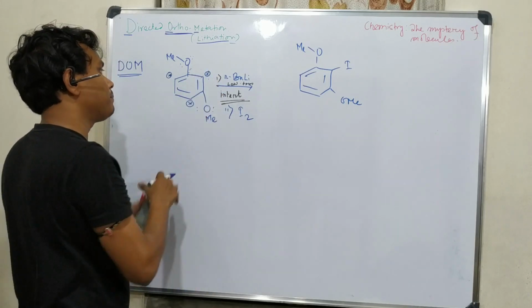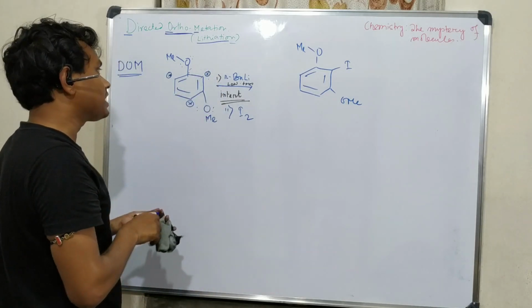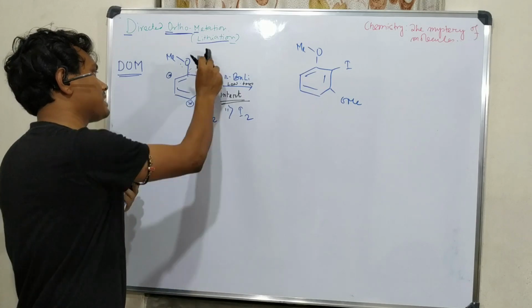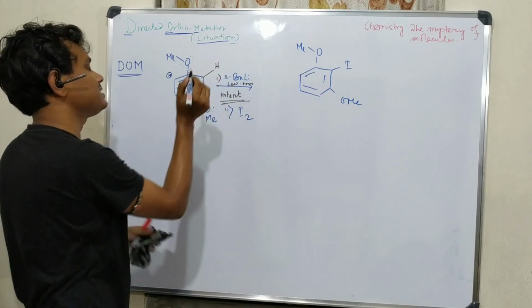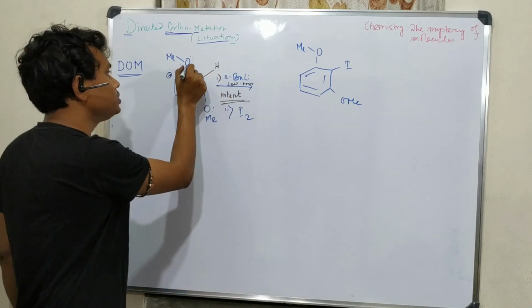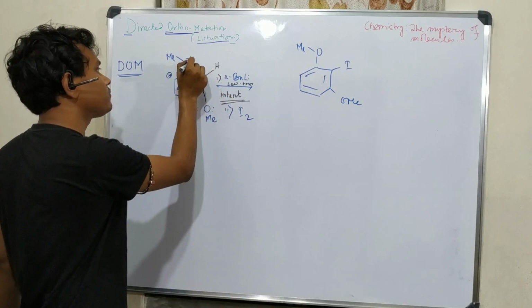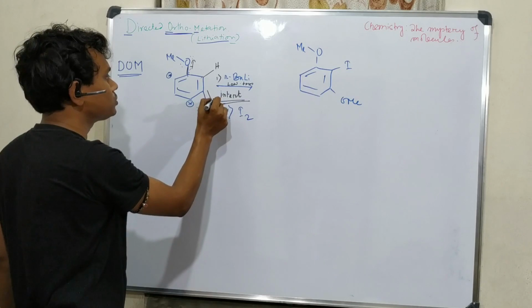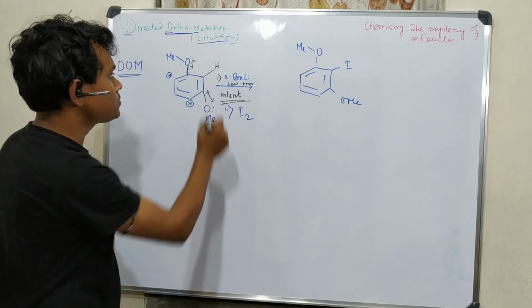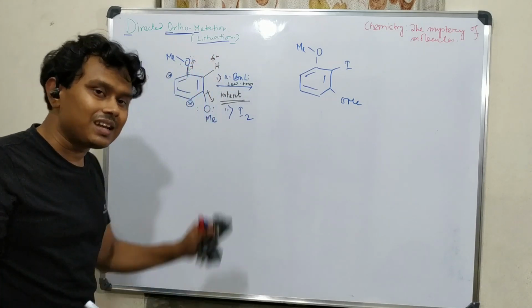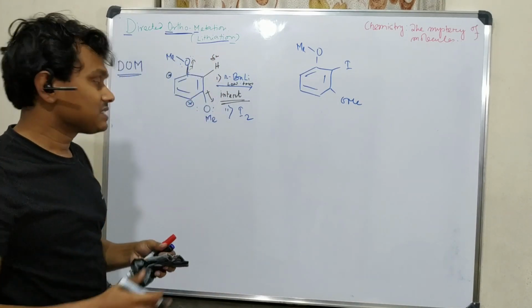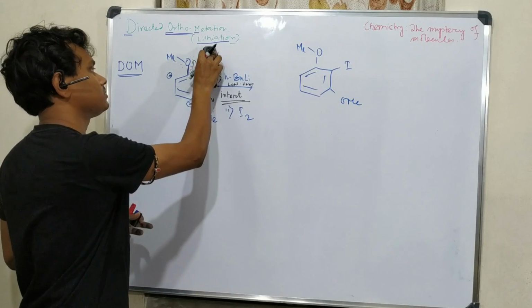This reaction happens because of the electron deficiency, or the acidity, of this proton. It is kinetically controlled by the acidity of this proton. Due to the minus I effect of both of these groups, this proton becomes more acidic, delta plus, so the chance that it will be abstracted is higher. The second point is chelation.